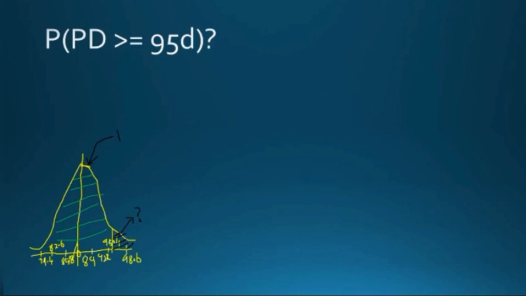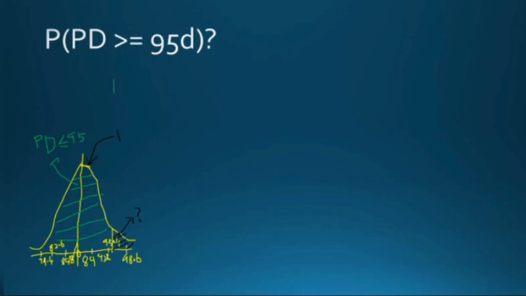This curve is the probability of the project to the left side of 95, or the probability of project duration less than or equal to 95. Do you agree? This particular portion is project duration less than 95. Do you agree? Agree, sir.